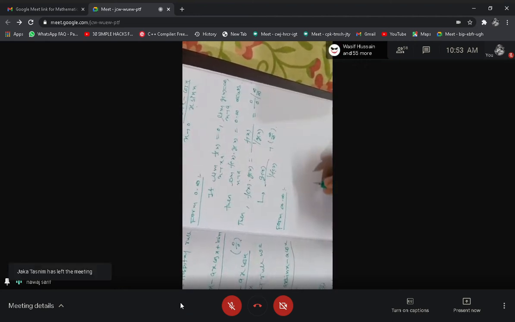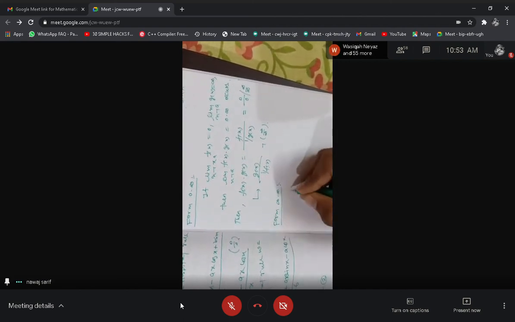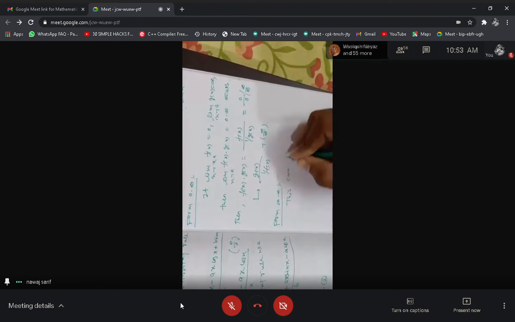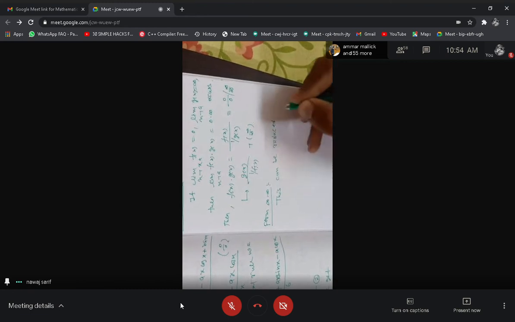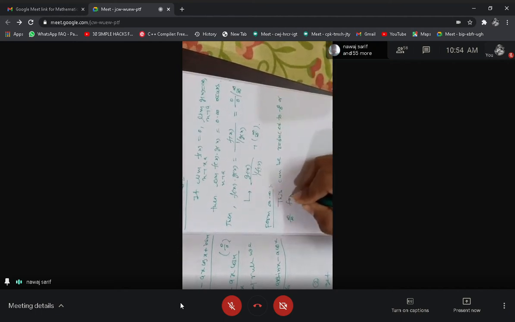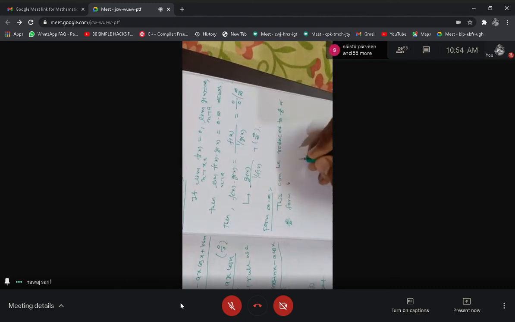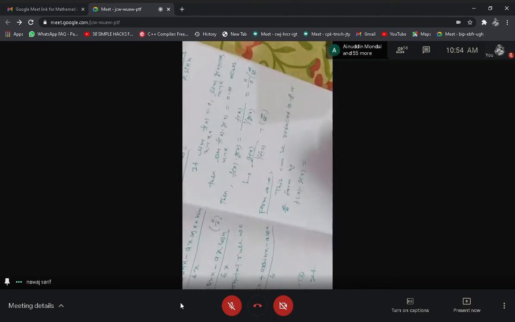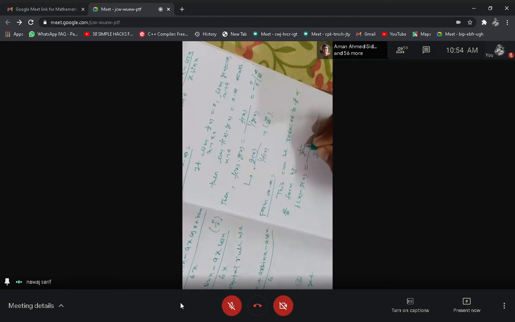Okay, so this can be reduced to 0 by 0 or infinity by infinity form also. f(x) minus g(x) can be written as, just try to write this one as 1 upon f(x) into g(x), and in the numerator 1 by g(x) minus 1 by f(x). Are these two the same? f(x) minus g(x) and these two are the same. Can you see this?